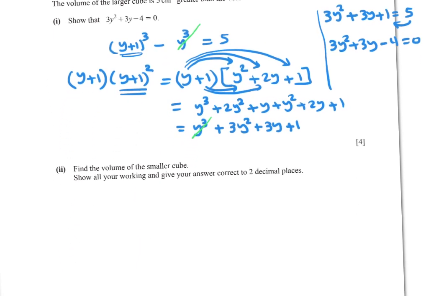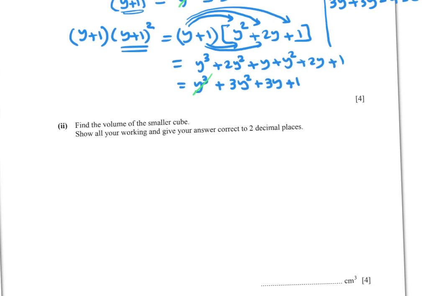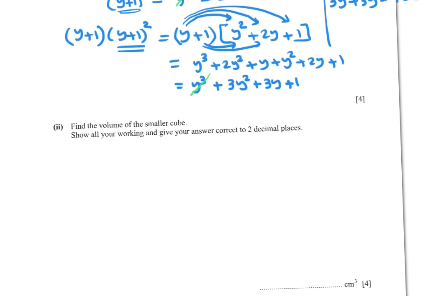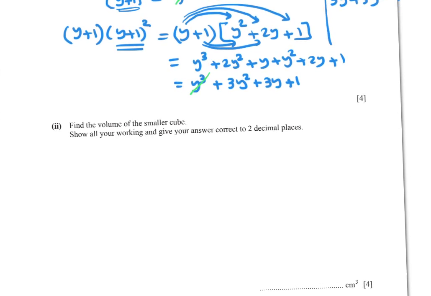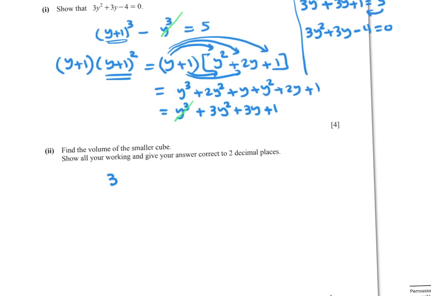For part ii, find the volume of the smaller cube. Show all your working and give your answer correct to 2 decimal places. So we need to solve this equation to find y. We need to solve this equation 3y squared plus 3y minus 4 equals 0.